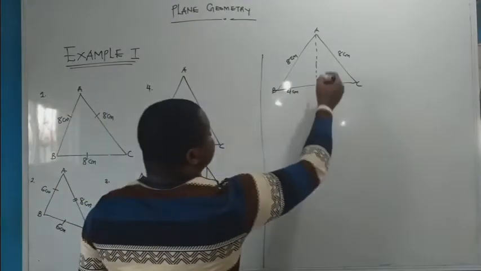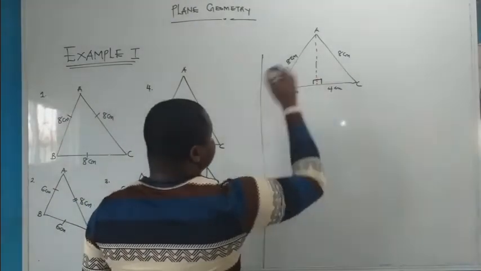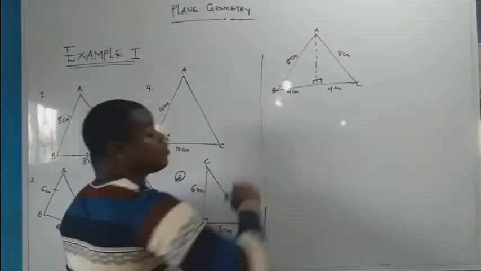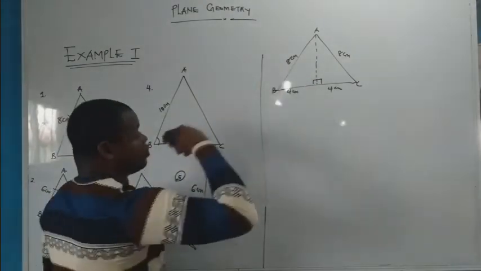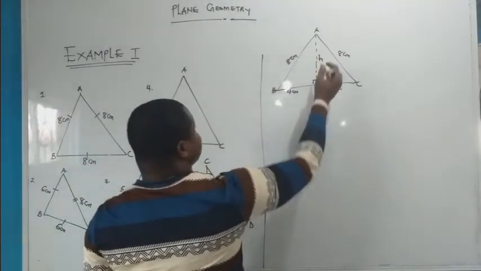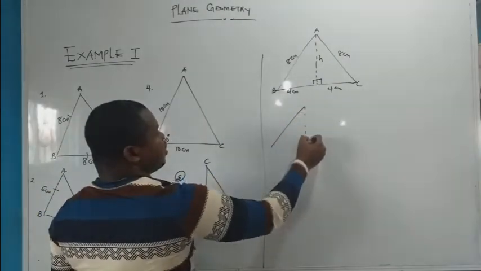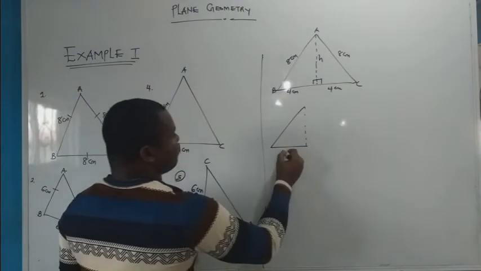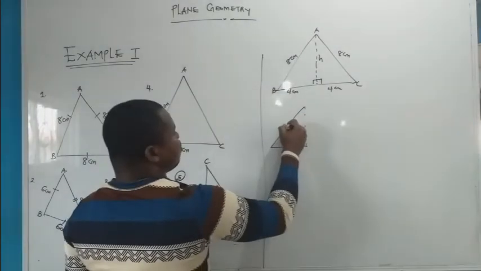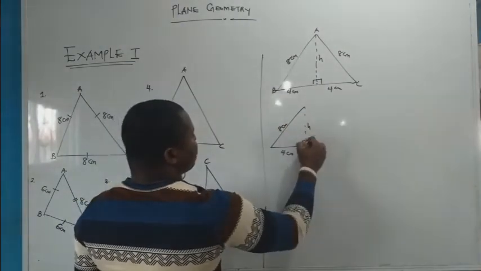From here is 90 and here is 90. From Pythagoras theorem, we just take half, because here we'll be representing the height. So we have 4 centimeter, 8 centimeter, then 8.